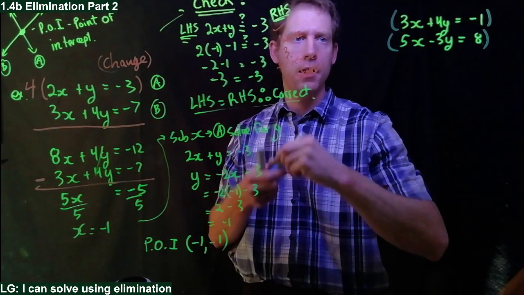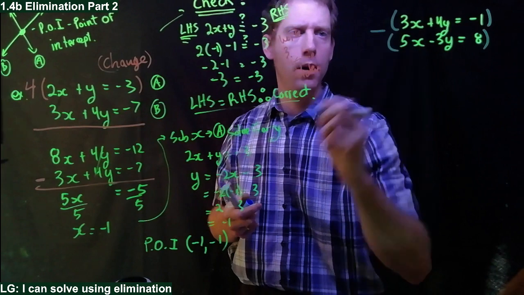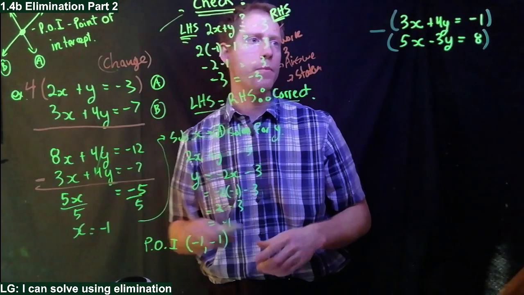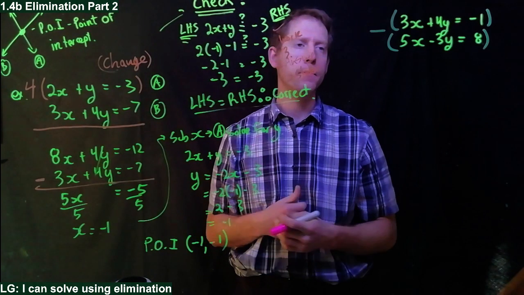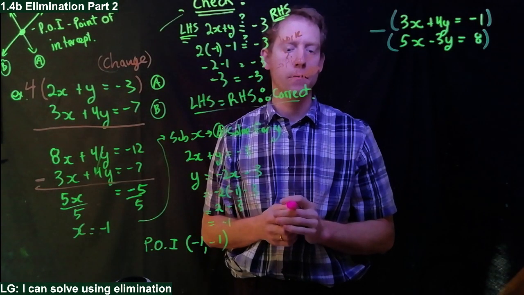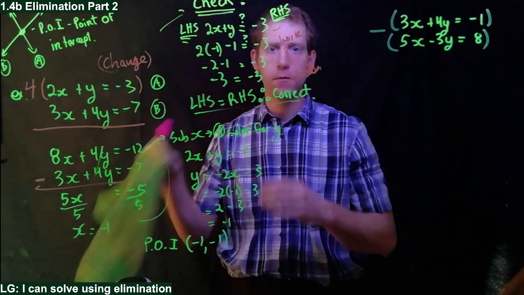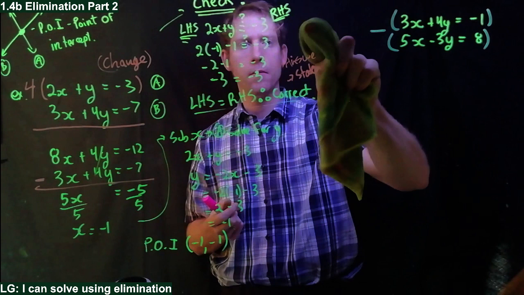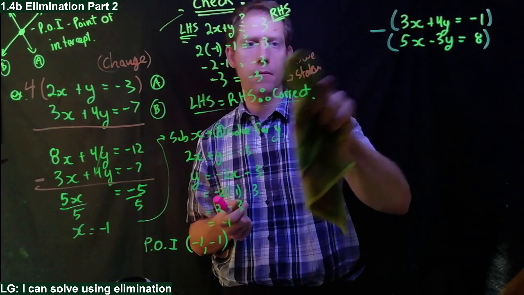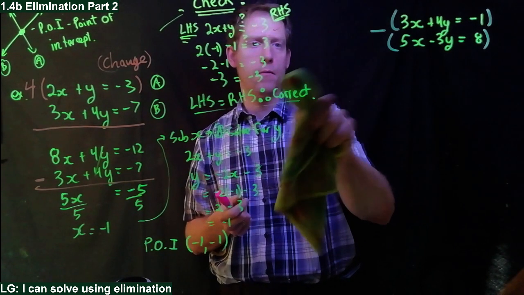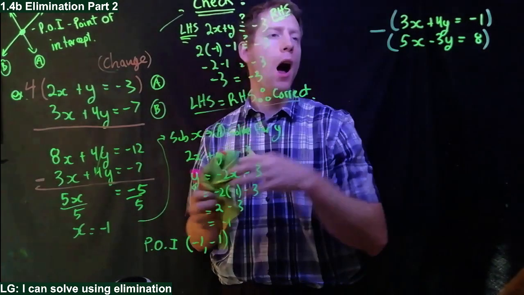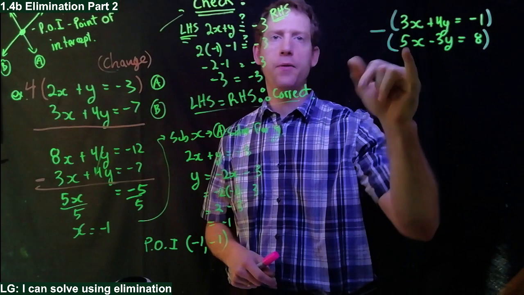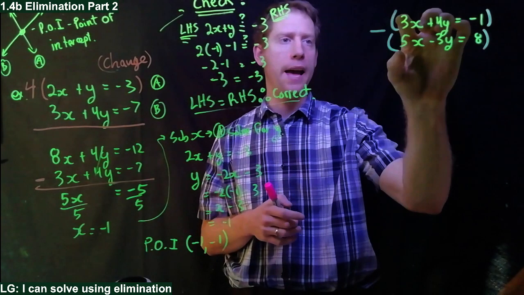What numbers can I use? Five. No, 15. I could use 15, right? Because 3 and 15 and 15, I could do that.